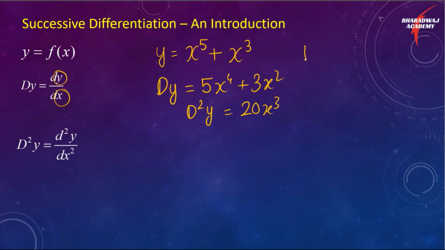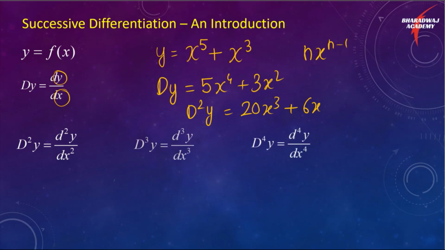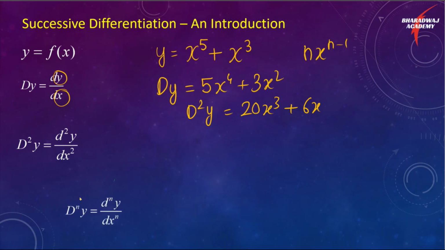Of course, the formula which I'm using is n x power n minus 1 for polynomials, plus 3 2s are 6, 6x. Now, I can continue this for the third and fourth derivatives. And finally, we can generalize this for the nth case, where we get what we call the concept of nth derivative.